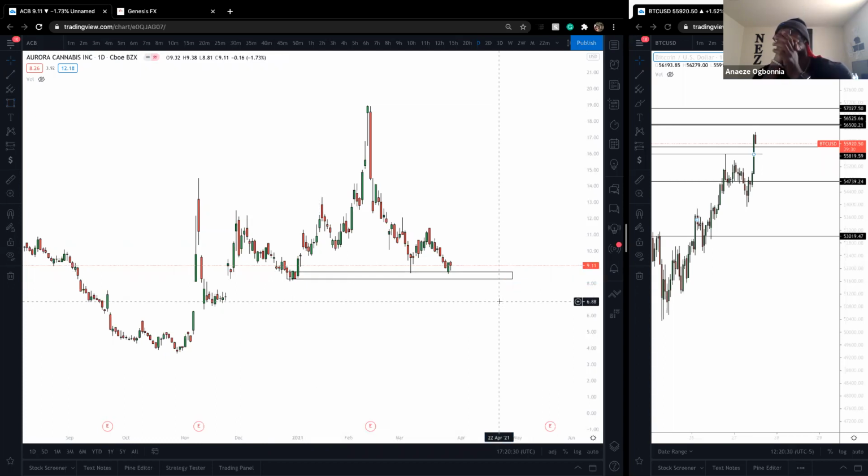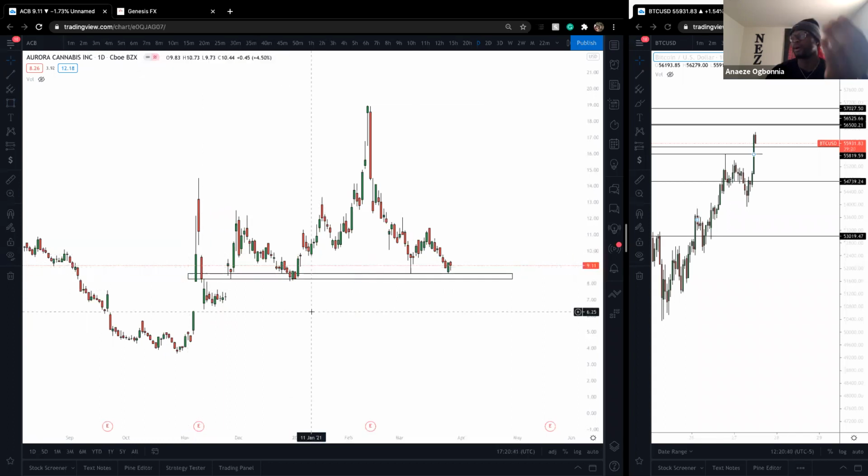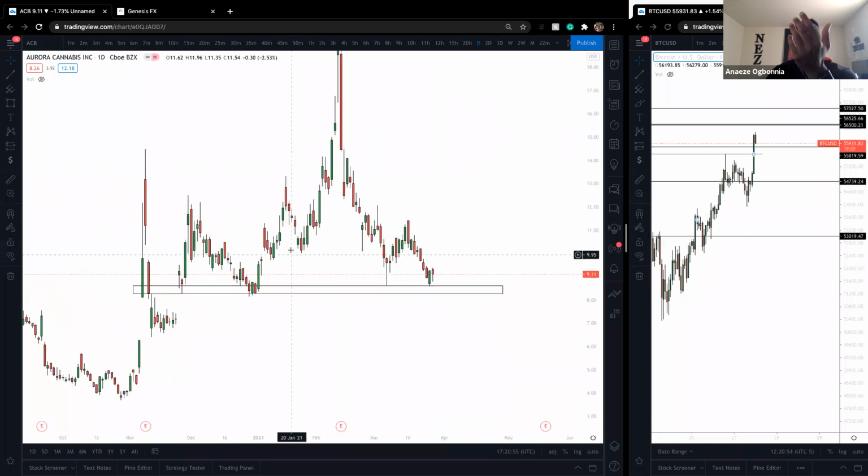So retail wise, this is a simple buy. Very simple concept here. It's a simple buy. But the thing is, I can't really see much else in terms of daily time frame. Yes, it does appear bearish.